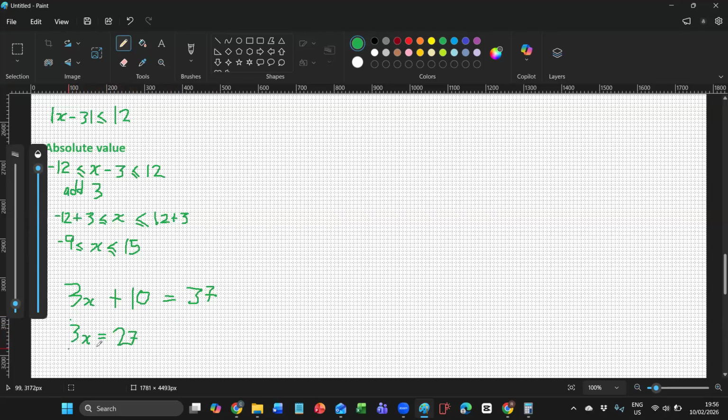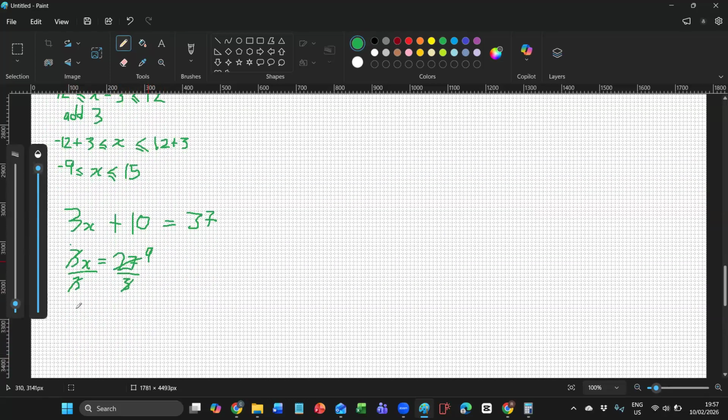Exactly. Whatever you divide, you must do it to both sides. 27 divided by 3 is what? 9. Correct. x equals 9. Excellent.